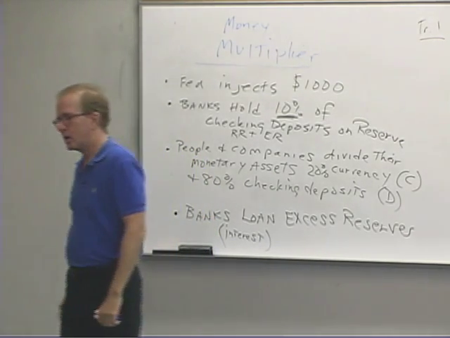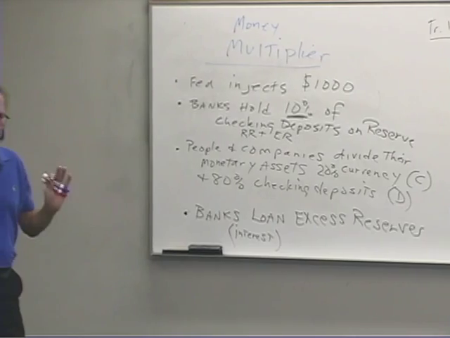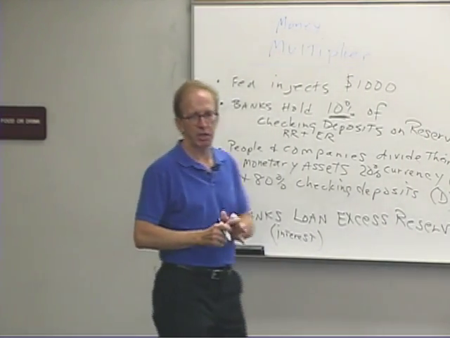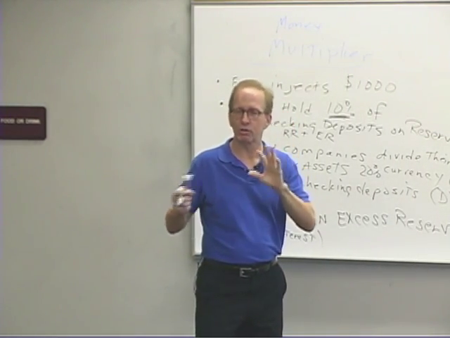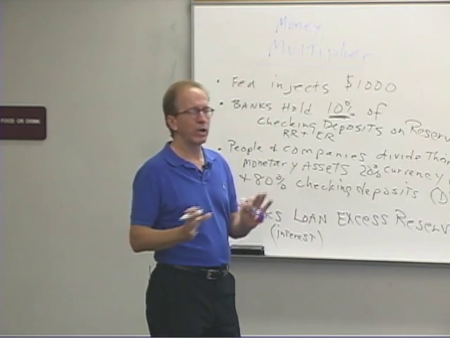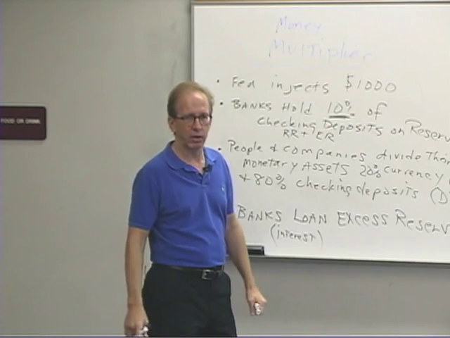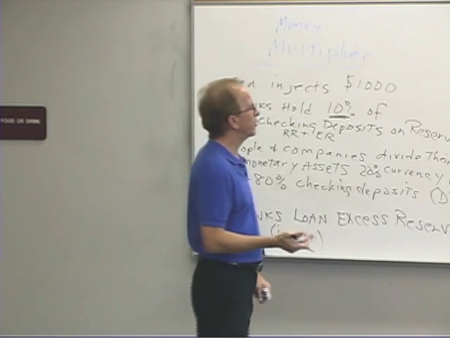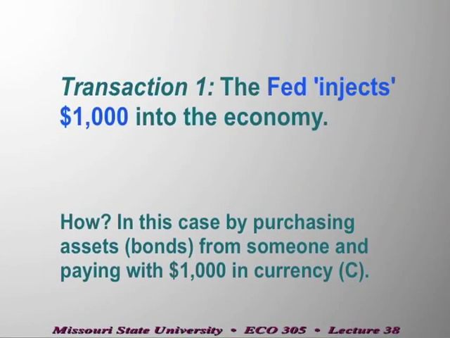Okay? Now, what assets do they buy? In real life, they buy Treasury securities. Okay? Treasury bills, Treasury notes, Treasury bonds mainly is what they buy. But we don't want to get into that now. We'll come back to that later on. We will assume that when they start this off, just to make it an easier, simpler discussion, that the Federal Reserve just buys something from someone, let's say a Treasury bond.